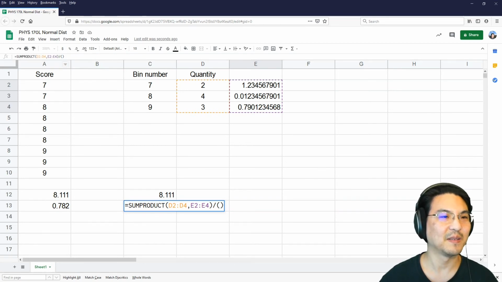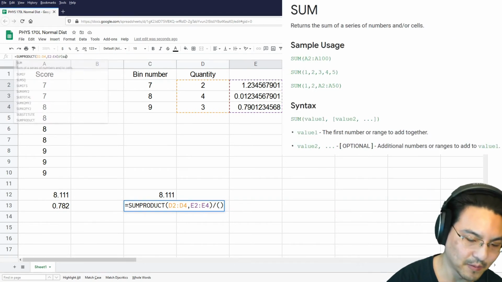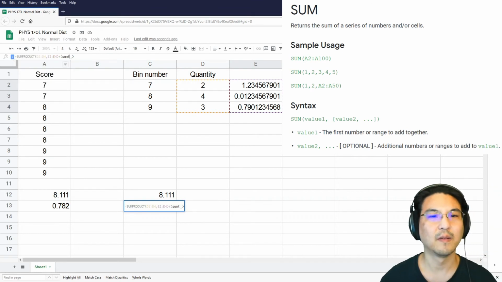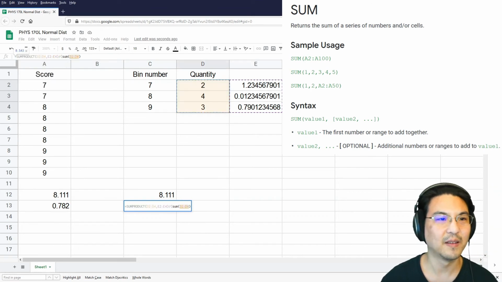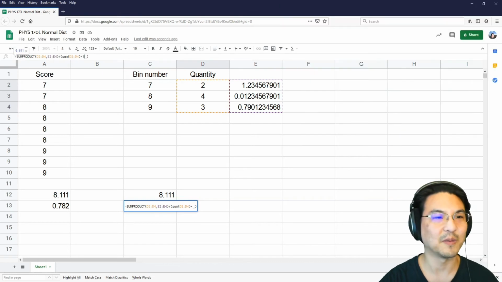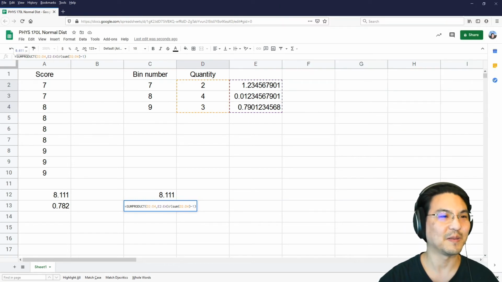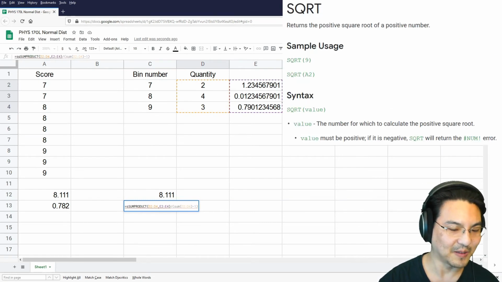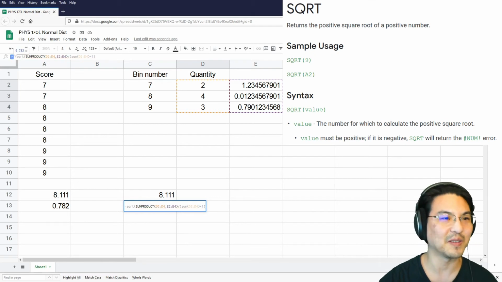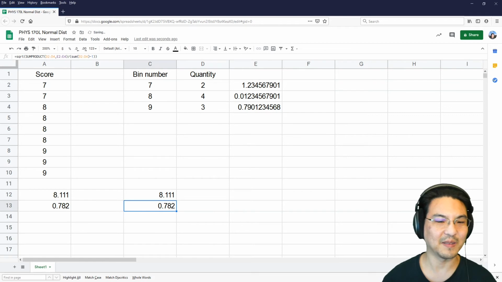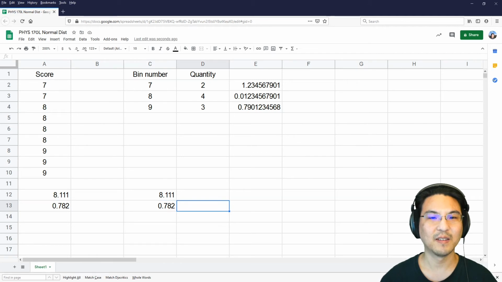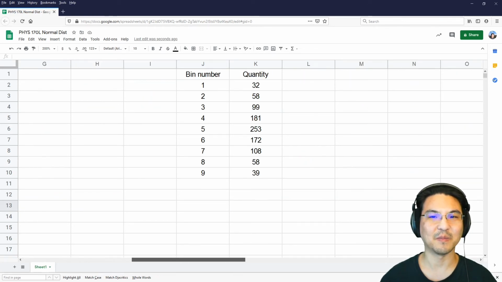So n is the sum of these, and then minus 1. And then I want to square root this whole thing. So sqrt is the square root function. Okay, and there we go. See that? Standard deviation, same.